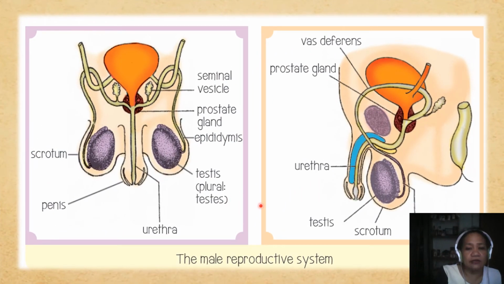Next, look at this male reproductive system. These are the parts. This one is the scrotum. Okay, inside the scrotum is what we call the testis.